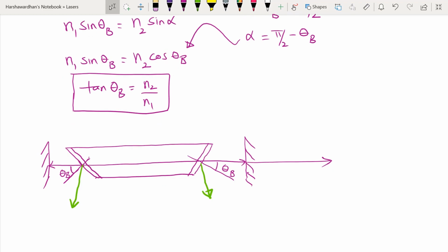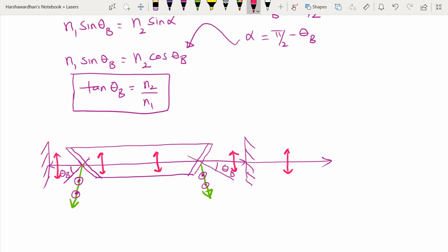So what we are going to see is that this particular polarization, which is perpendicular to the Brewster plane, which is the plane in which I have drawn this diagram, is going to be thrown out of the cavity, thereby building up the in-plane polarization within such a cavity, leading to an output which is now linearly polarized in that direction, right?